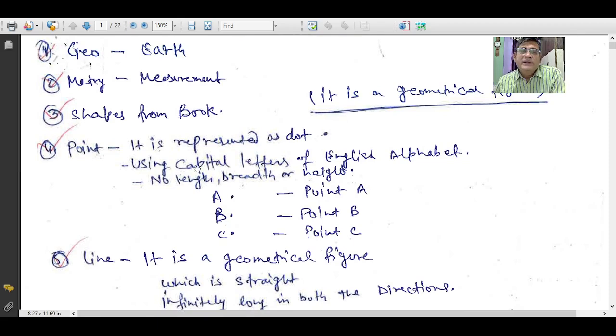So a point is a geometrical figure which is represented using capital letters of the English alphabet, like point A, point B, point C. These are represented by dots with an English capital letter. They don't have any length, breadth or height. So this is the standard definition of a point. If anyone asks you to draw point A, you have to draw a dot and then write A. Okay, this is the first thing.